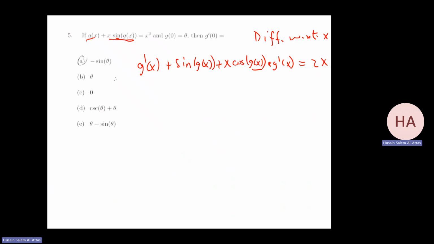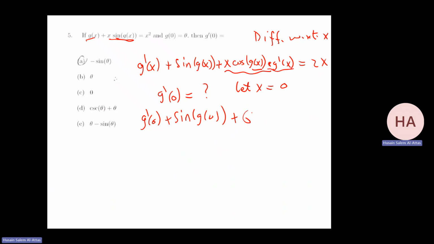So I need to find g prime at 0. G prime at 0. So it means what? I let x equal 0, see what will happen. I have g prime at 0 plus sine g at 0 plus all of this is 0 because x is 0.